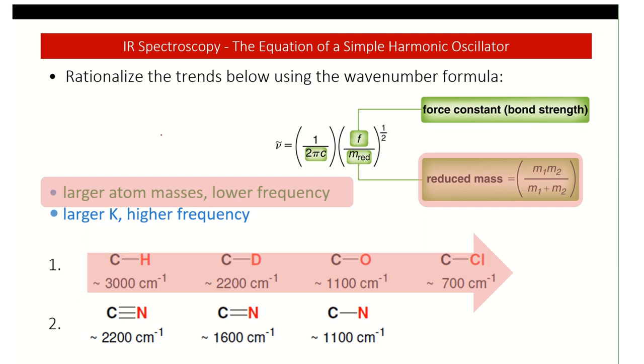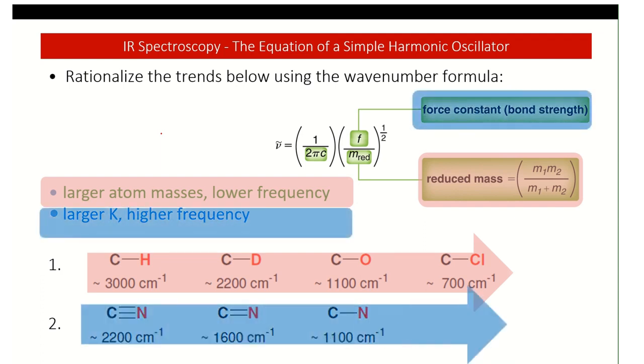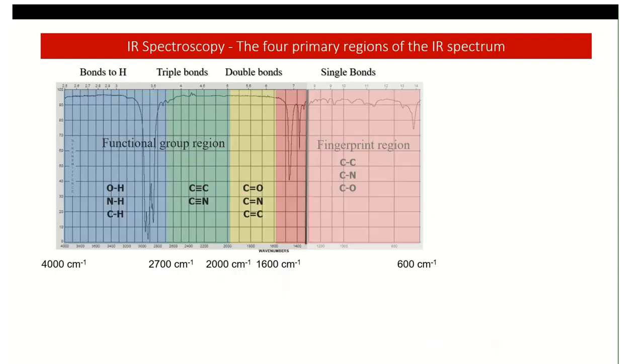You can see here where we have the larger force constant, i.e. the bond strength, then of course the higher the frequency. So let me repeat that. The larger the bond strength, then the higher the frequency. Make sense?